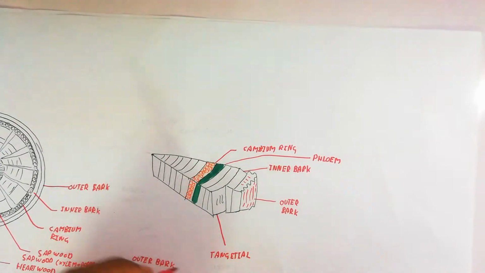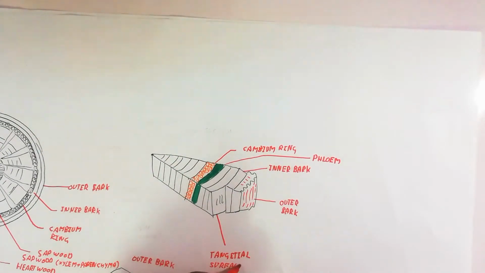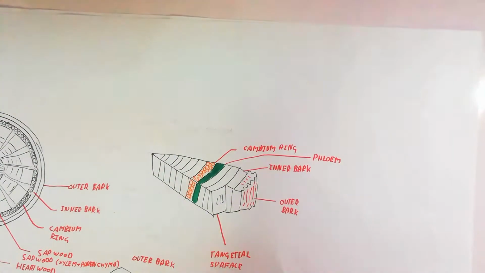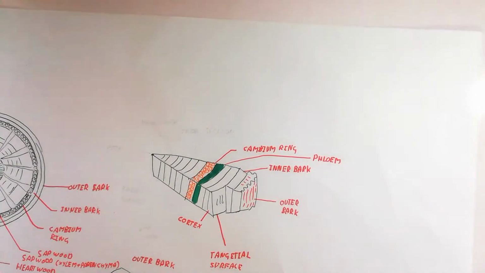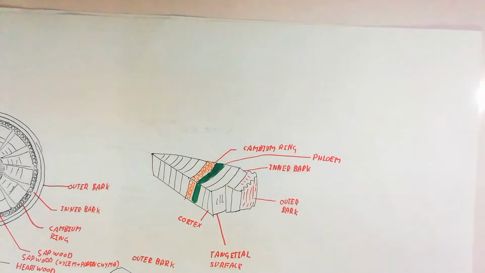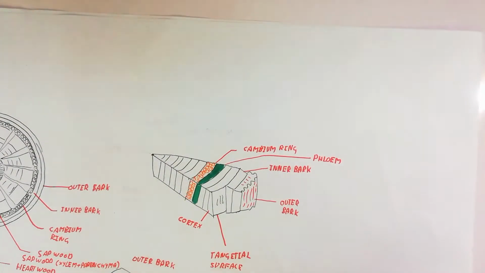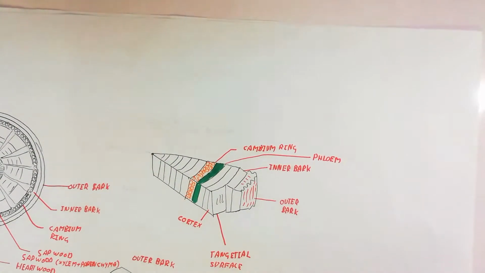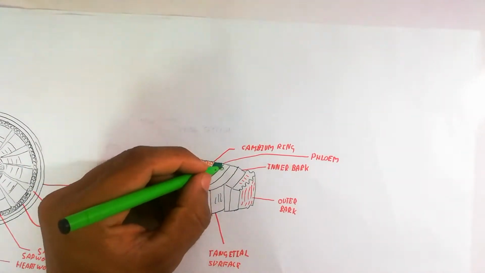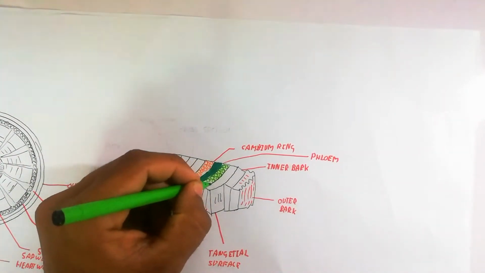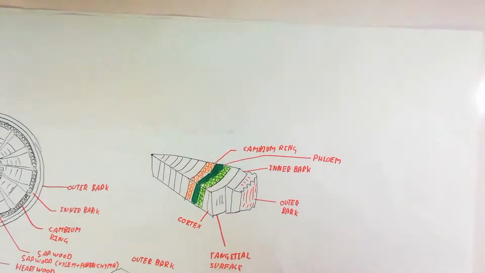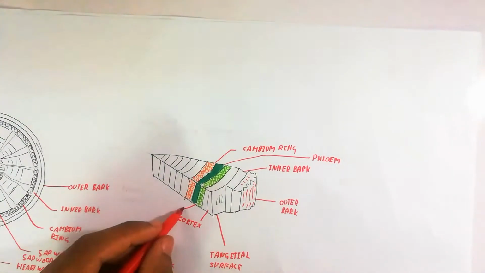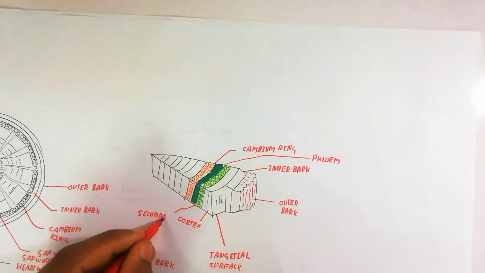Here is the cambium ring, and the green color is the phloem. Here is the tangential surface, the tangent area of the surface of the wood, and here is the cortex. The cortex lies between the phloem and cambium ring and the outer and inner bark, as shown in the figure.